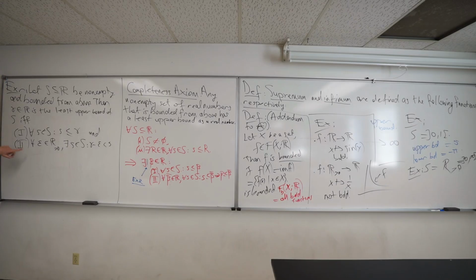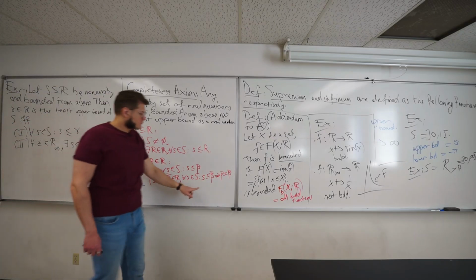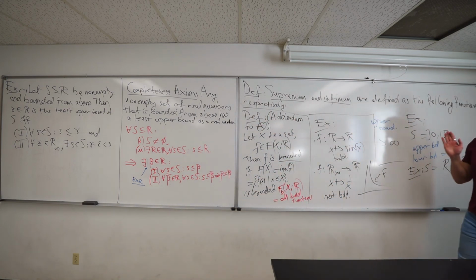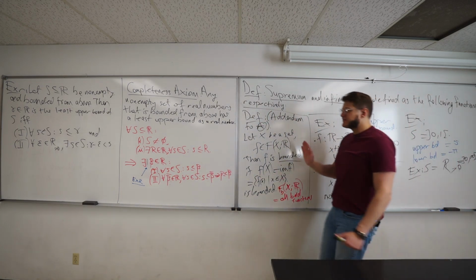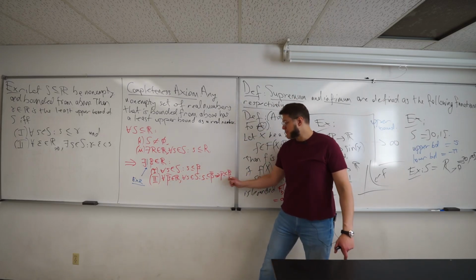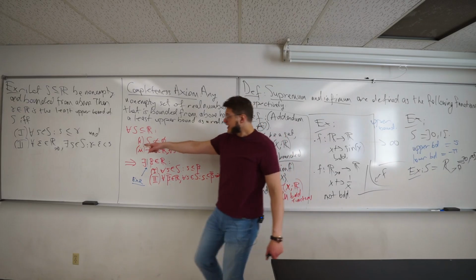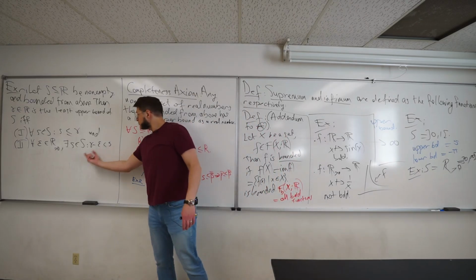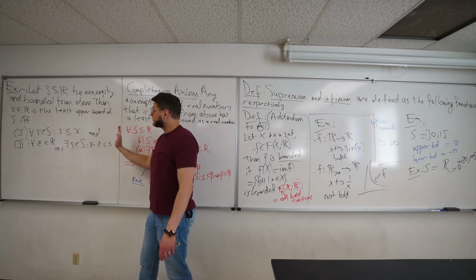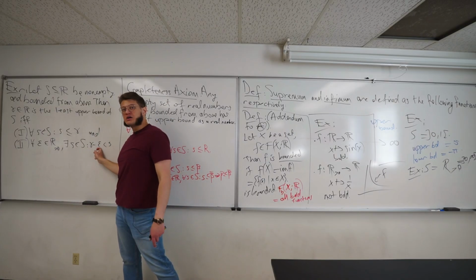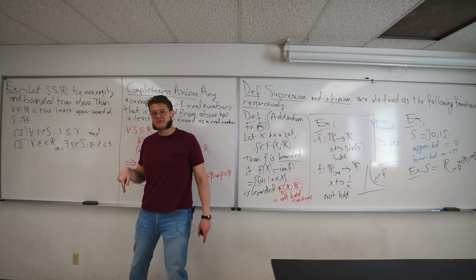Now, what is the idea behind the second one? Well, initially what we said is this, right? We have one upper bound, and this beta is the best upper bound. In other words, if I were to take an alternative upper bound, beta would be a better upper bound. On the other hand, this says this. Gamma is an upper bound, and if I try to use any smaller number, gamma minus epsilon, that's going to fail to be an upper bound.